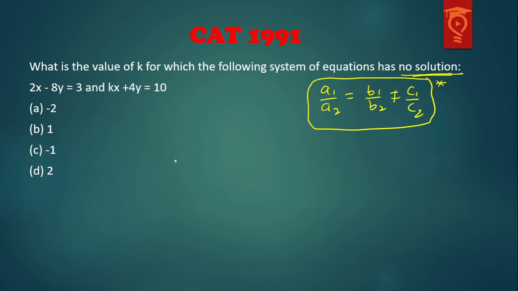You can choose the playlist All About Algebra and watch the basics of simple equations there. Anyway, moving on. So 2 upon k should be equal to minus 8 upon 4, solving which you get k equal to minus 1. Clear cut answer. There is no shorter solution for this, option C.